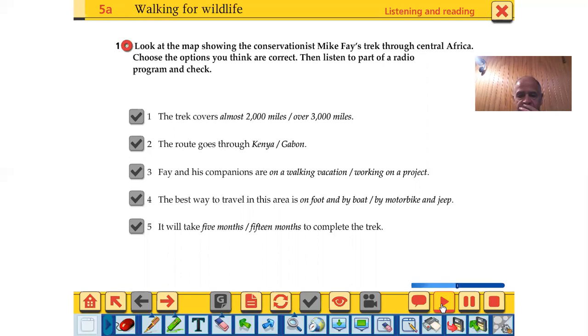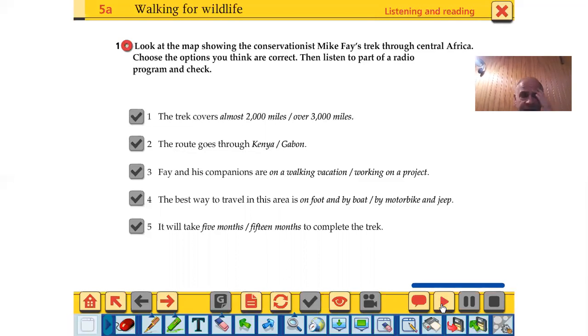Now Fay and his team are making a record of the region's ecosystems and wildlife, especially in the unexplored and unexploited areas. Traveling through untouched forest and down wild rivers to remote villages, they can only travel on foot or by boat. They've completed about half of the route. The trek will take about 15 months to complete through what Fay calls the last wild place on Earth.